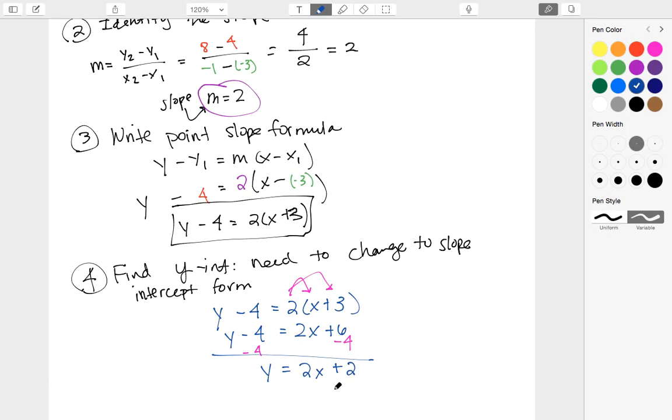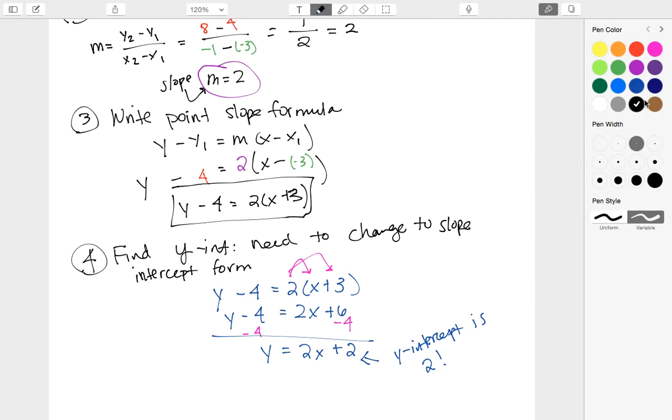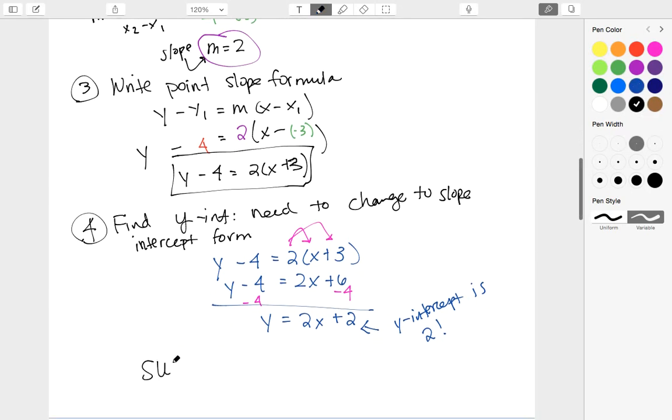So in this case, our y-intercept is 2. Okay, well, that is it for this video. So go ahead and write your summary and move on to the next video.